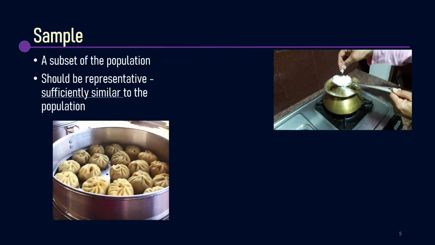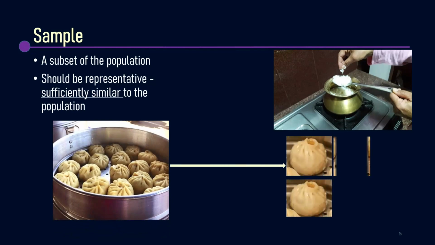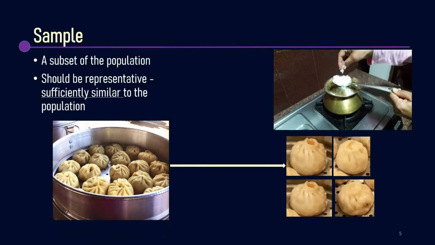Another example, let's take a steamer pot of momo and take some samples from there. Let's take 4 samples. If this momo tastes good, then the whole entire momos from this container must be of the same taste and good.